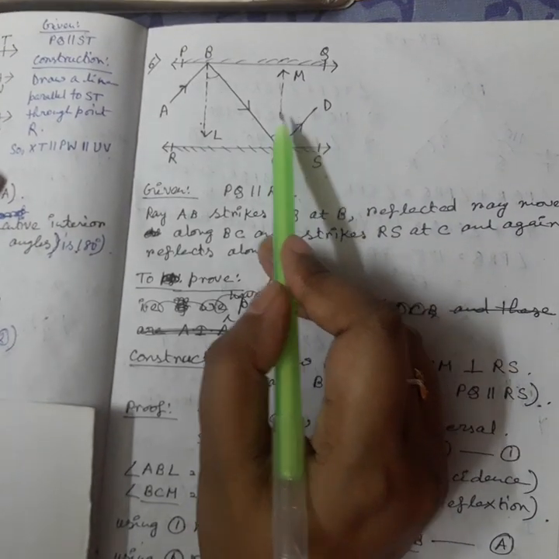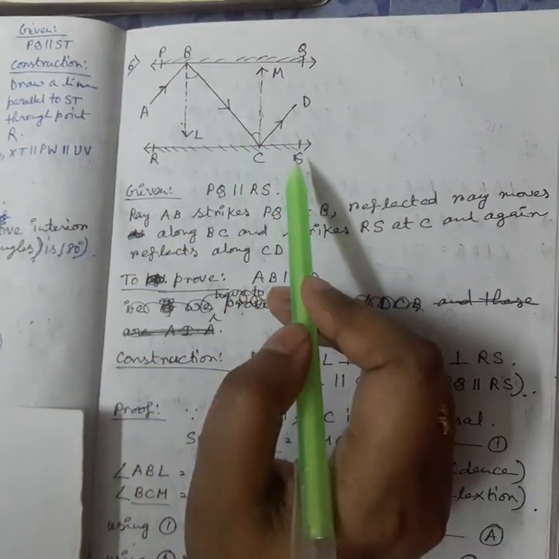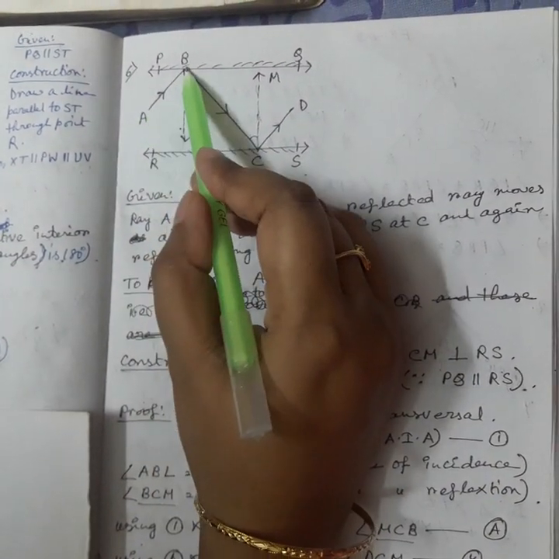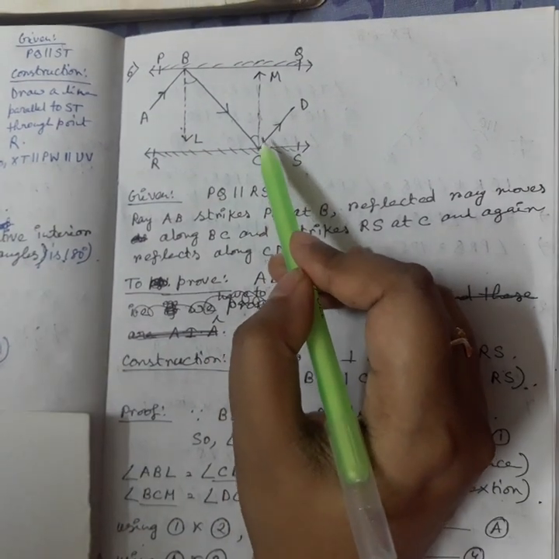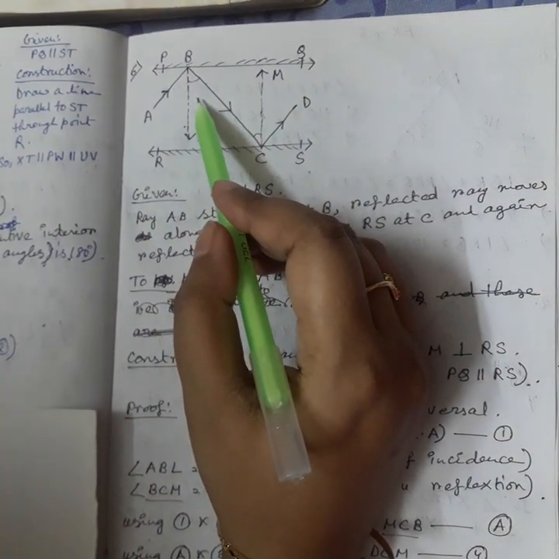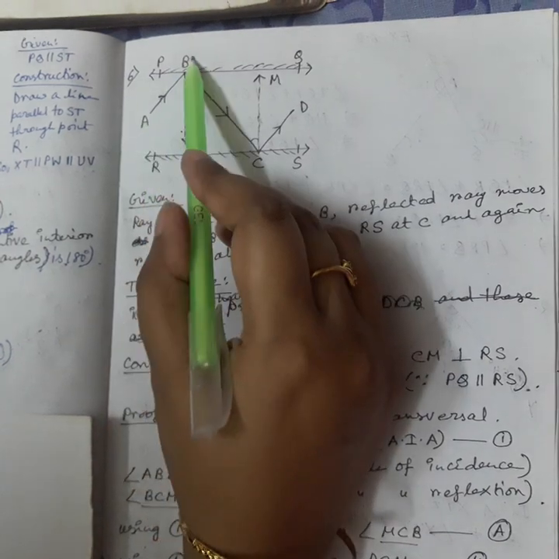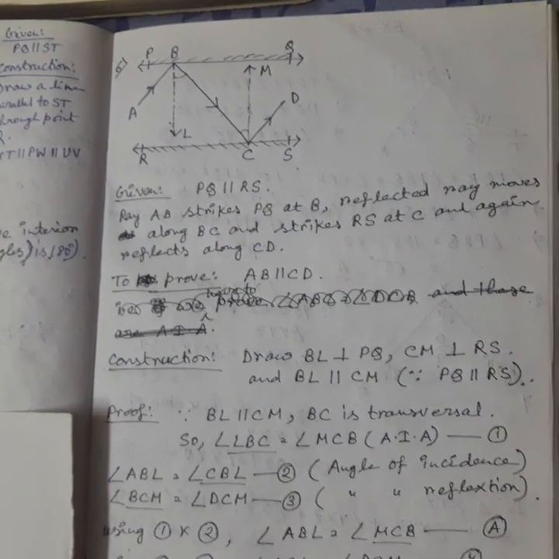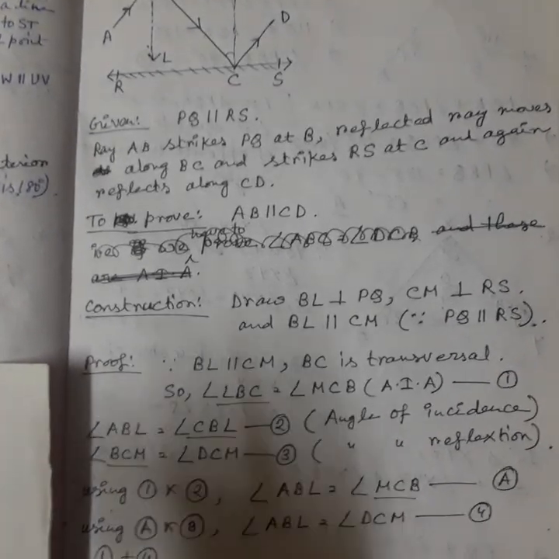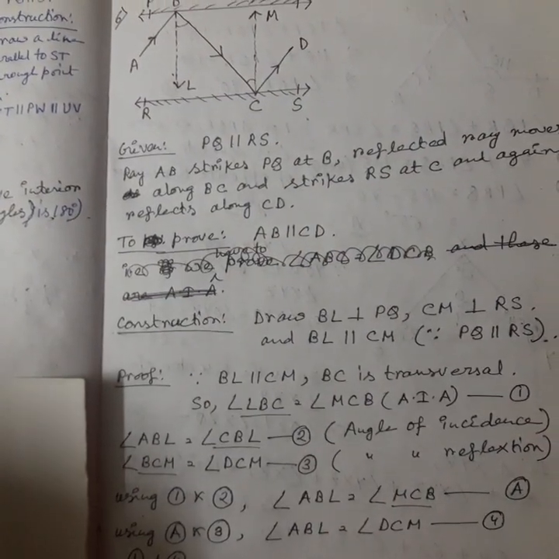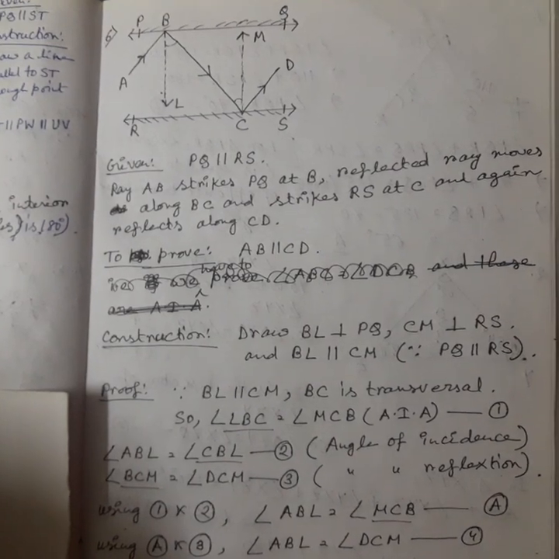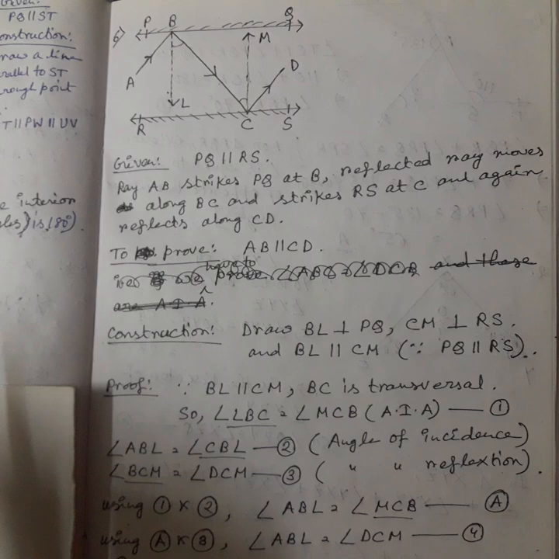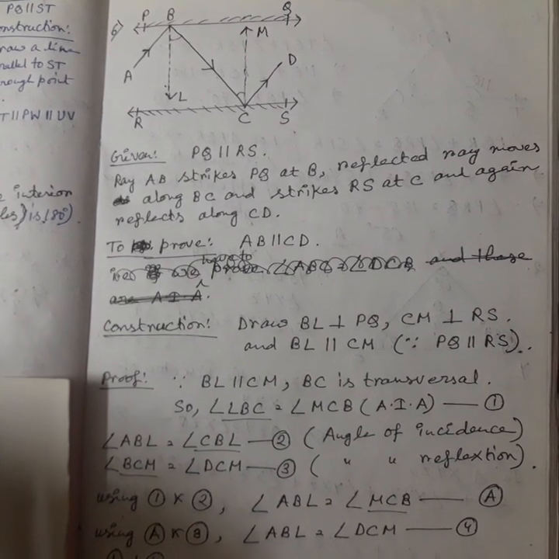In physics you have done incident ray and reflected ray, so that way you have to understand. So this is incident ray and this is reflected ray. Now for solving this you have to prove that AB is parallel to CD. So when we have to prove that two lines are parallel, any of the four properties we have to prove. Parallel lines means the four properties, what they are: corresponding angles, alternate interior angle, alternate exterior angle, and consecutive interior angle.